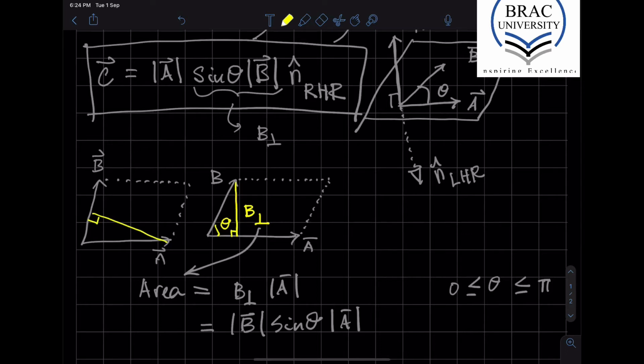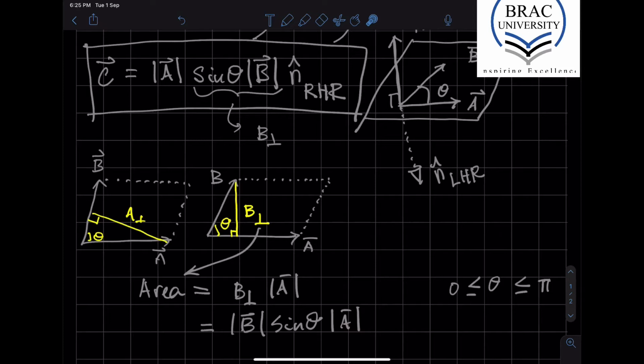I forgot to give the 90 degrees angle here. And then this is theta. Then this length is A perp. And then the area of this parallelogram, which is of course the same parallelogram as here, is still given by this.